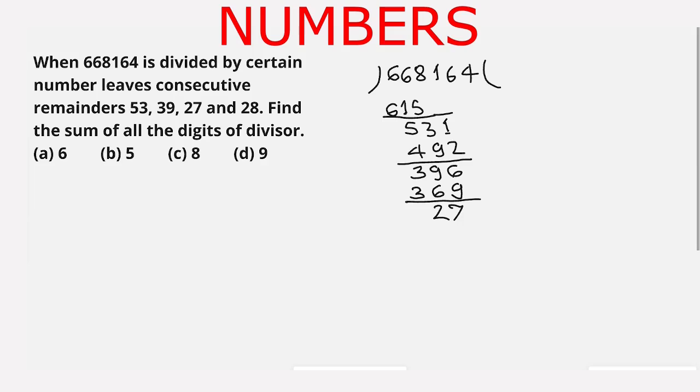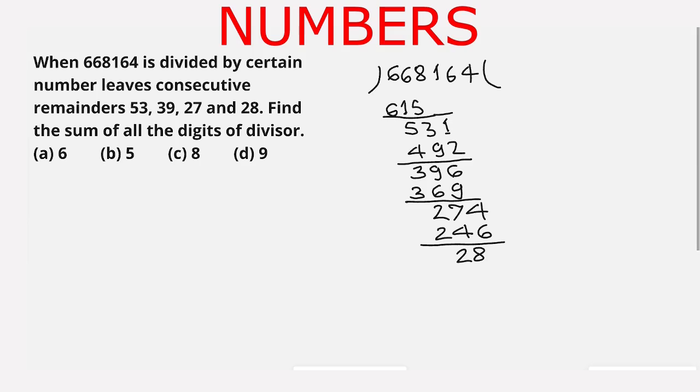Now we carry 4 from the given number, and the number becomes 274. And 274 when divided by the divisor, the last remainder is 28. On subtracting 28 from 274, we get 246. Or we can say that 246 when subtracted from 274, the last remainder is 28.